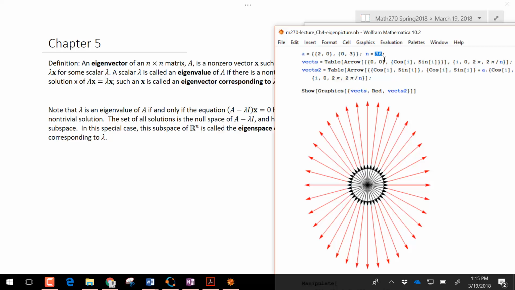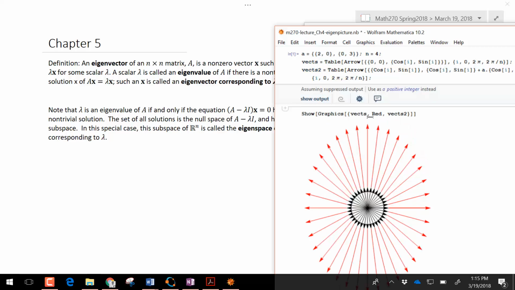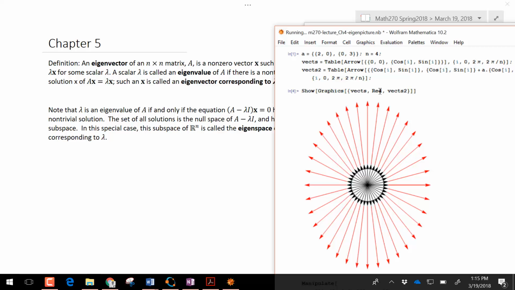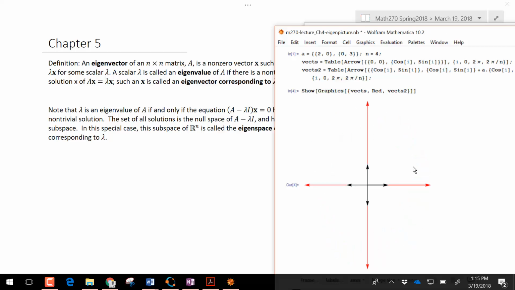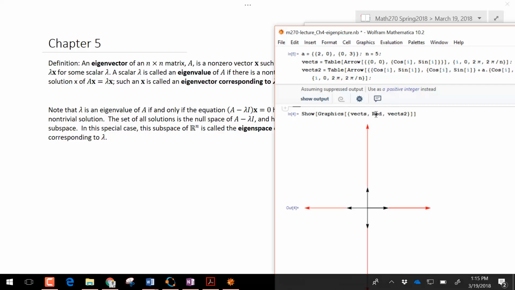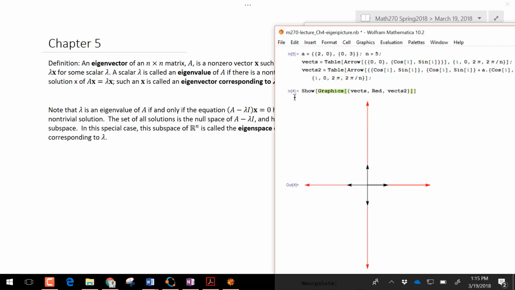So what we have here is a matrix, 2 0 0 3, and what we have here are arrows that spread out.